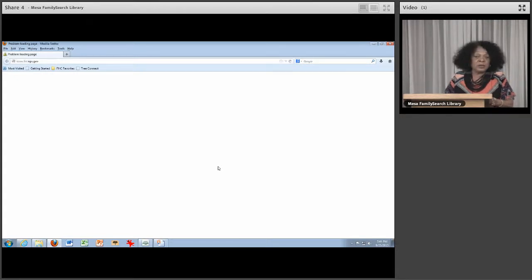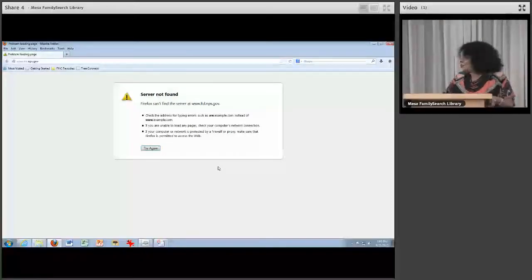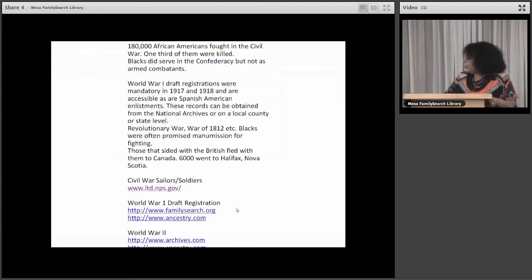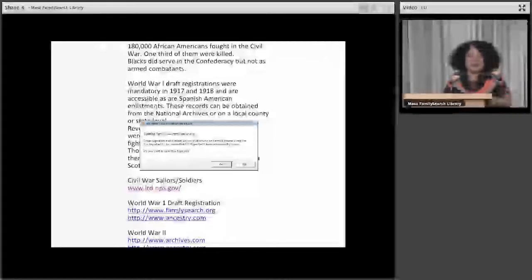When they break up an army unit, it says disbanded or discharged. We'll go to World War I, and it's at FamilySearch.org. I'm sure all of you are familiar with that.